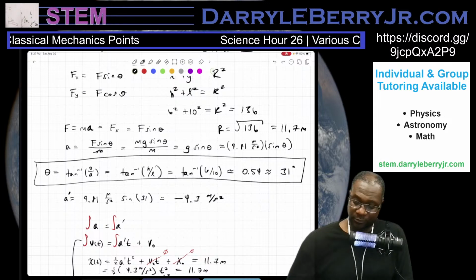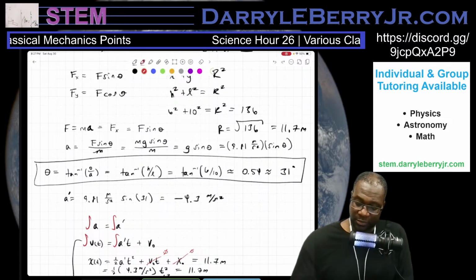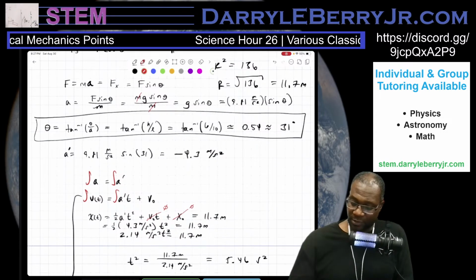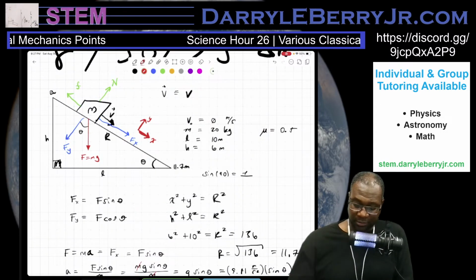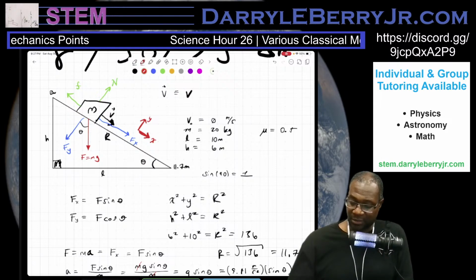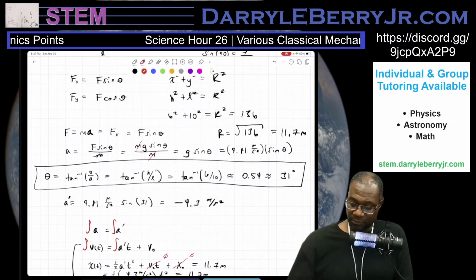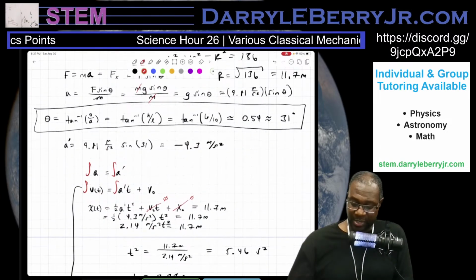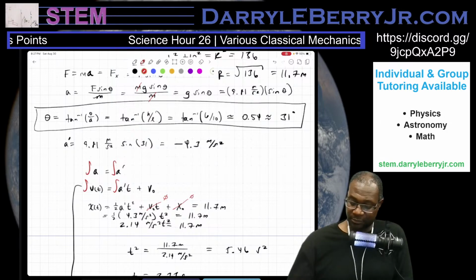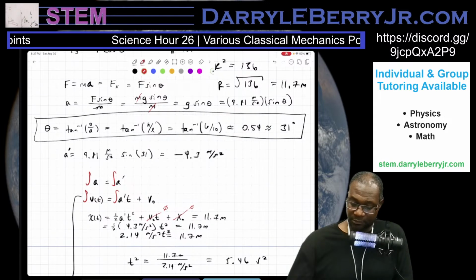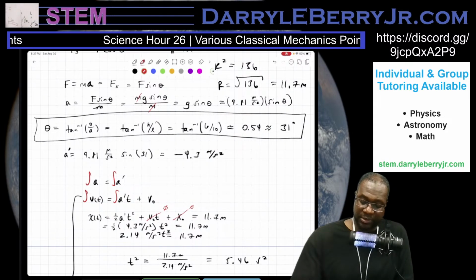Oh, no, sorry. Mass actually cancels. I guess I'm thinking about friction. If we did friction, well, that's where the coefficient of friction comes in. I don't think that'll change if the mass changes. What this is saying is no matter how massive the block is, it'll go the same speed, or at least acceleration prime will be the same.